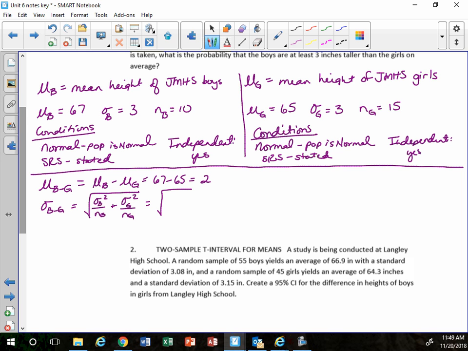So in this problem, that's 3 squared over 10 plus 3 squared over 15. And I think it's about 1.225. Let everybody have a chance to catch up, and then let's look at what we're actually talking about.